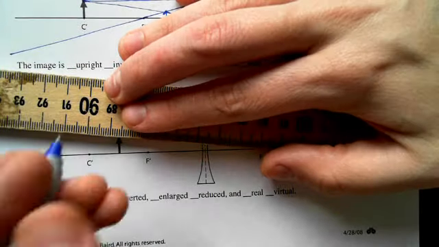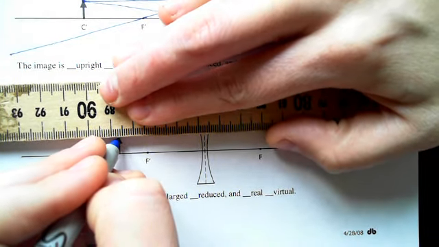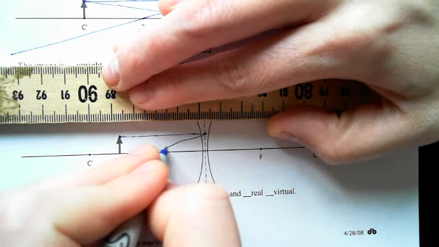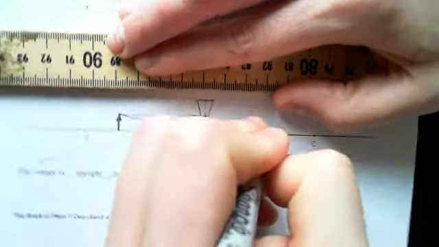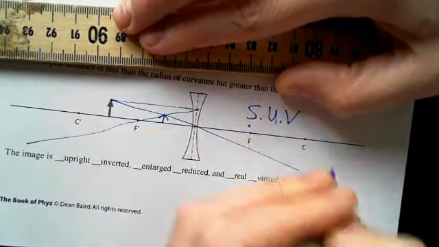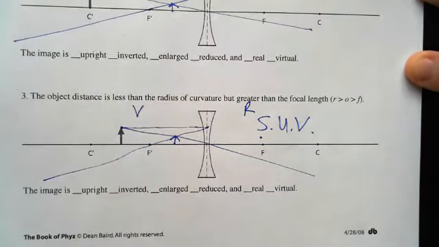So I want you guys to do that all the way for all of them. They're going to have to produce the same image: parallel to focus, center of lens, smaller, upright, and virtual. Remember, this is the virtual side, this is the real side.